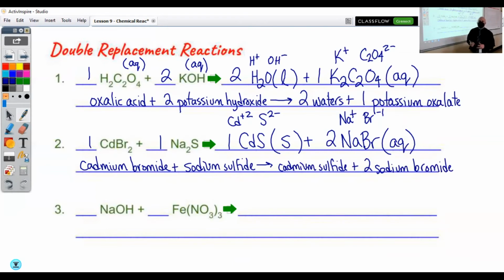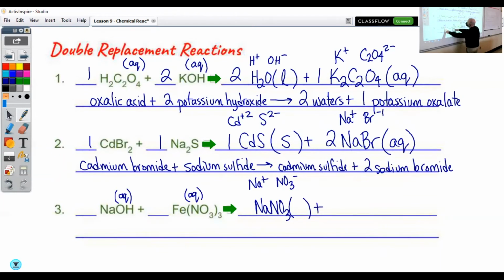Okay, let's have a look at our third and final equation on this slide. So in this case, we have sodium hydroxide. It's going to be an aqueous solution because of the sodium, and iron 3 nitrate, which is going to be an aqueous solution because all nitrates are soluble. When we get our products, outers, so Na plus NO3 minus, that's going to form NaNO3 plus inners, Fe with a 3+ charge.